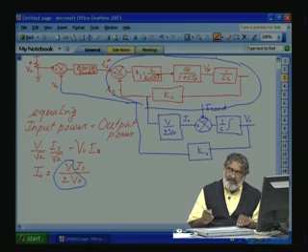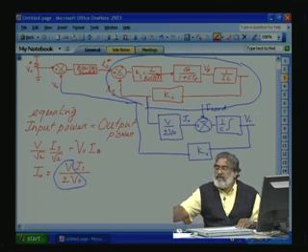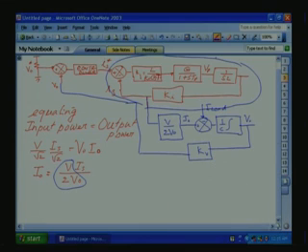If you see here, Is by Is star is equal to 1 by Ki divided by S square plus 1 by Tr into S plus 1 by Tr.